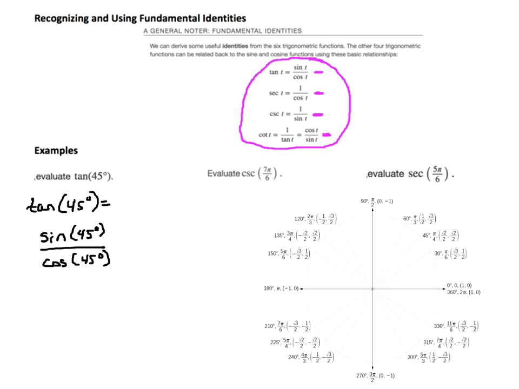Let me see if I can make it a little bigger so we can actually see it. And I'll move it around in just a second so we have room to do those other 2 problems. Okay, so 45 degrees, the sine of 45 degrees is square root 2 over 2, which is that y value there. The cosine is also square root 2 over 2. So the tangent of 45 degrees is 1.